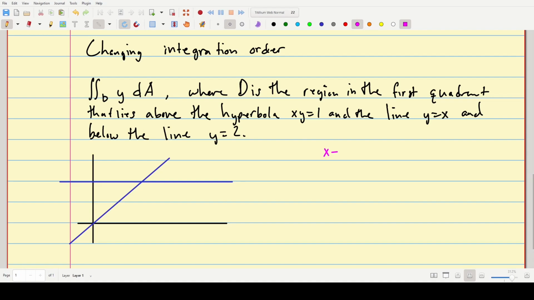So we have this as our hyperbola here. Okay, and so we can rearrange this to make it a function of x. The graph for this looks something like this.